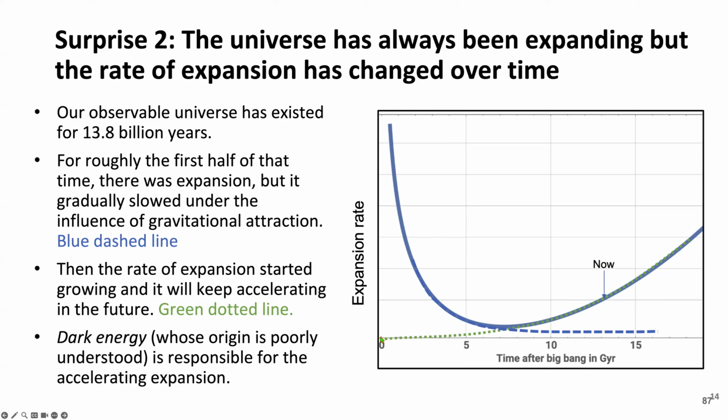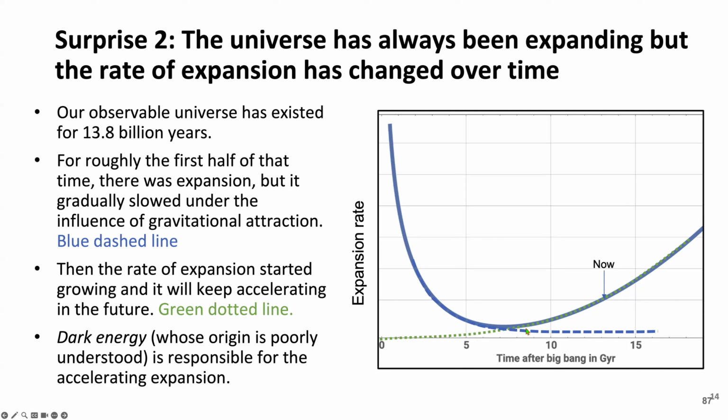But in the early universe, this dark energy was present. It just had very little influence. And that's this green dotted line. That's the dark energy influence. And right here, about 7.5 billion years ago, the influence of dark energy became prominent and overwhelmed the gravitational attraction.